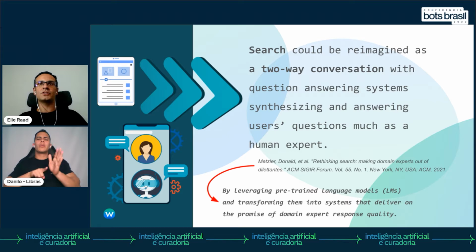So it's like a question answering system, where the machine provides answers much like a human expert would do. This is what we're going to see in this presentation: how the search that we know today can also be seen as a conversation between a user, a human, and a machine.